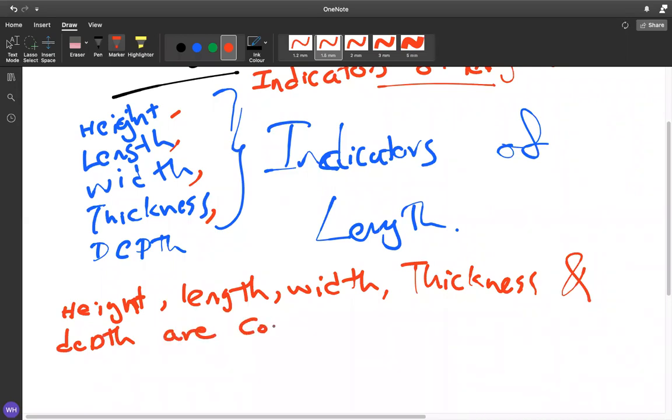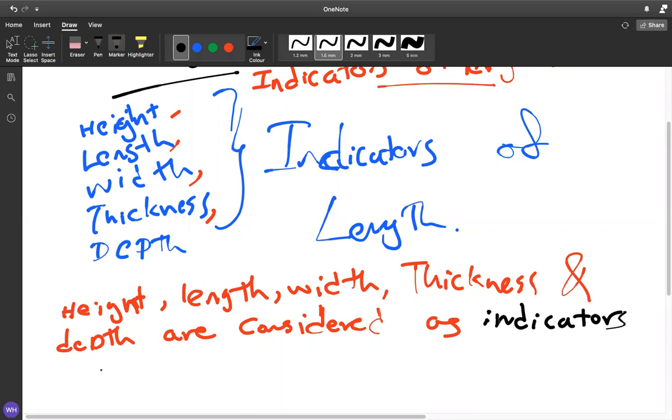Are considered as, if you want, you can change the color of the pen, indicators of length. Height, length, width, thickness, and depth are considered as indicators of length.